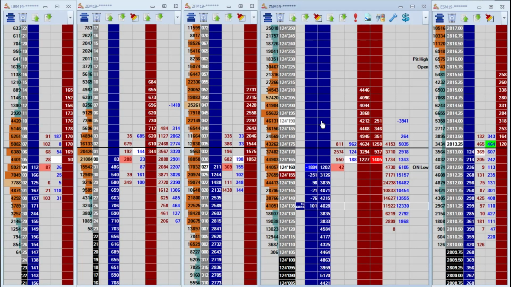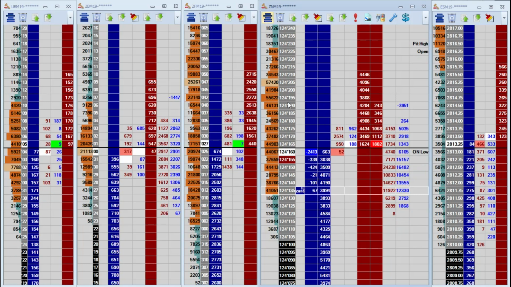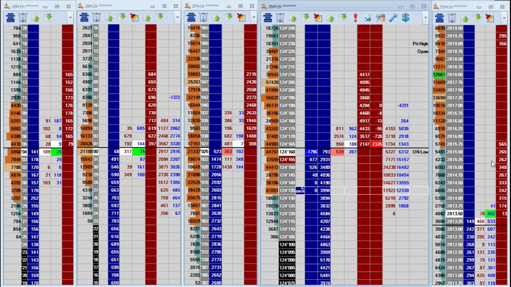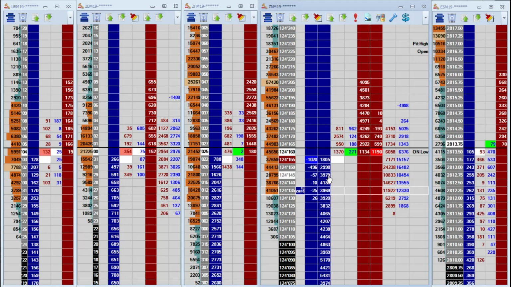So the ZN is obviously reacting to what's going on over here in the ES. And my concern is the ES is going to pop up, hit this previous low area, and that's going to act as resistance, and it's just going to push it right back down. So I am going to be very quick to scratch this if we do get down to this level.